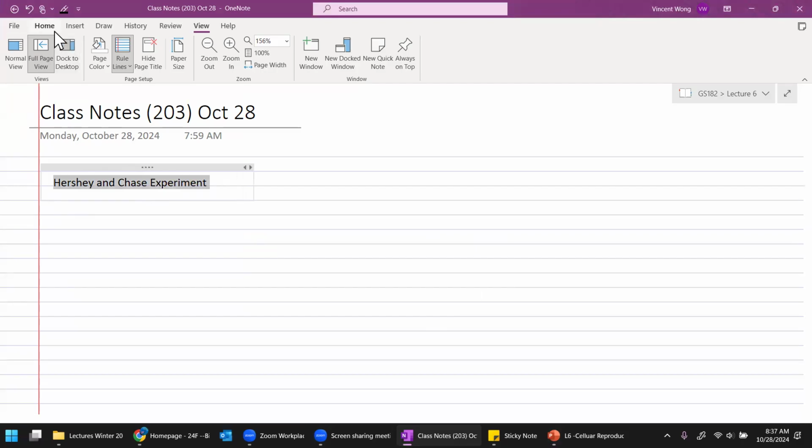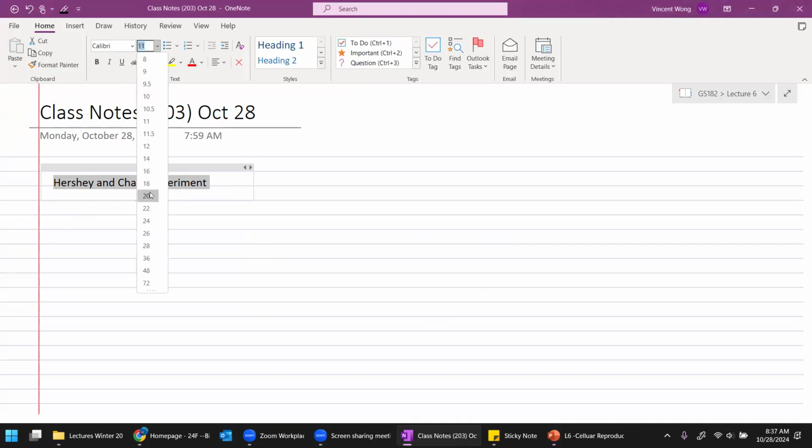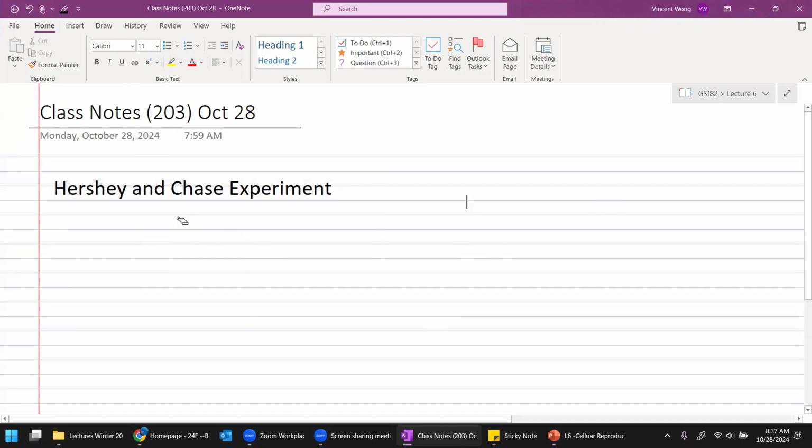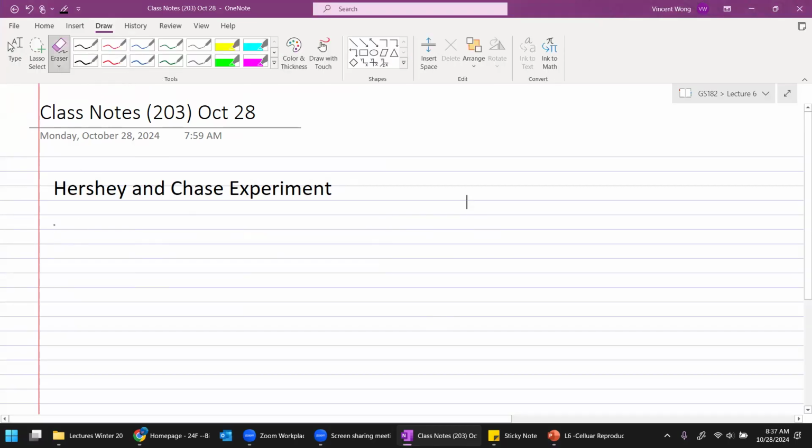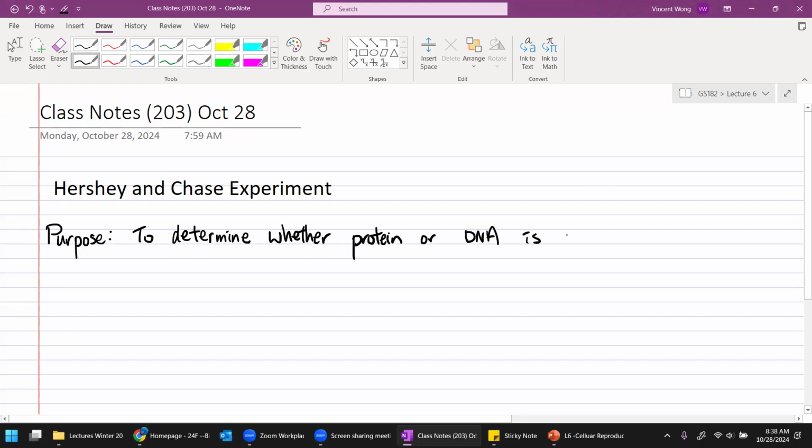Hershey and Chase experiment. Purpose: to determine whether protein or DNA is the hereditary material.